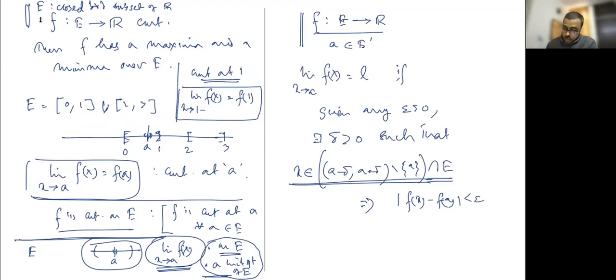So the earlier result on closed bounded intervals can be generalized to a closed bounded subset of R. Another remark I'll make, I won't get into the details: in general, such a statement, that is, f is defined on a subset of R, continuous, and f attains, or f has, a maxima and a minima.